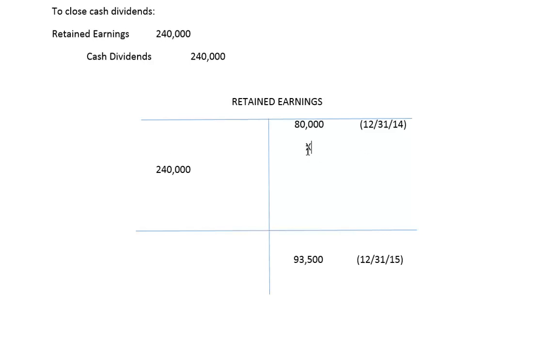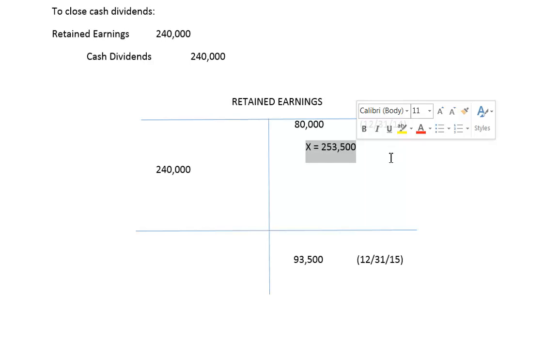So what amount of income did we add to the opening balance of retained earnings when we closed out our income summary account, such that when we deduct $240,000, we wind up with $93,500. Some people would just solve this using a T account to get $253,500. This is just an alternate way for you to do it.